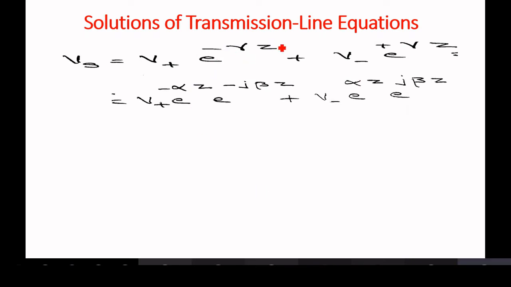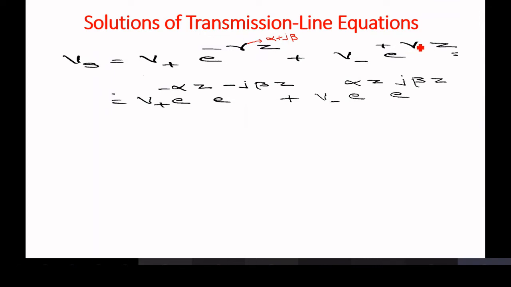So gamma, we know that gamma is nothing but alpha plus j beta. If you substitute alpha plus j beta in place of gamma and separate, you can write this as e power minus alpha z and e power minus j beta z times V plus.